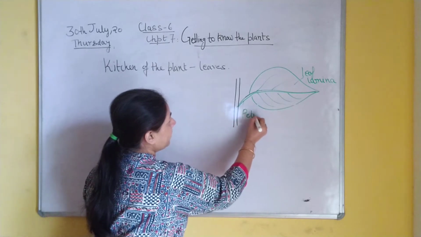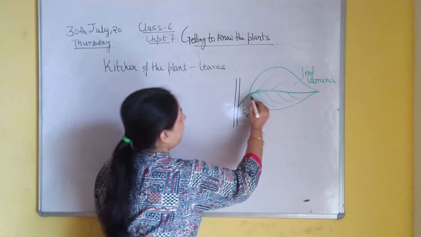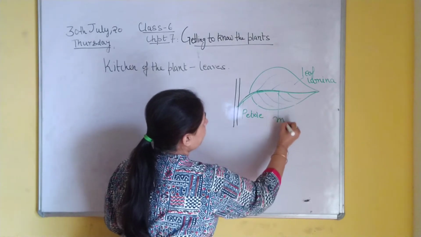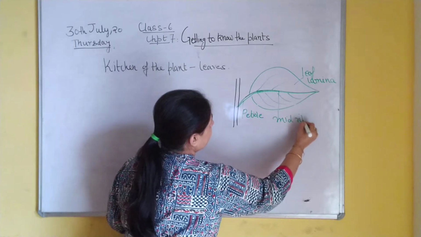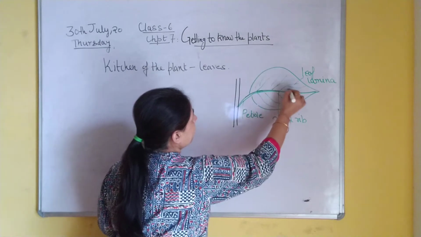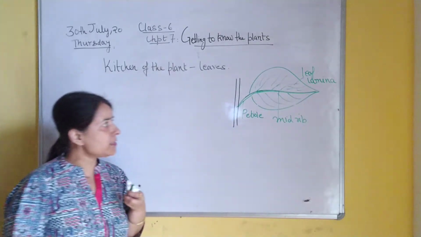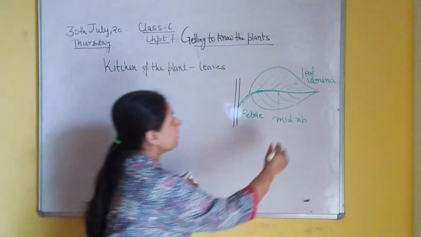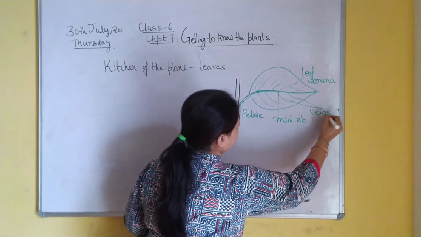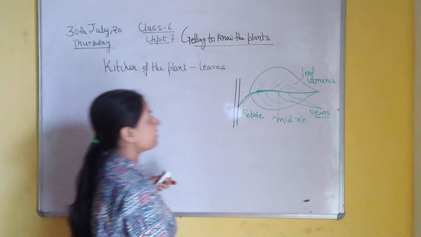It has a rib known as the midrib, and from the midrib we see a number of tube-like structures or lines. These lines are known as veins in the leaves.